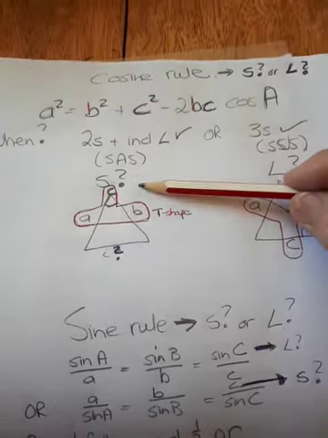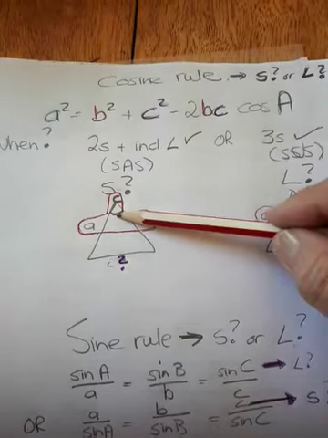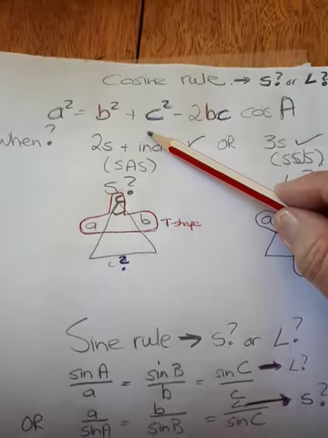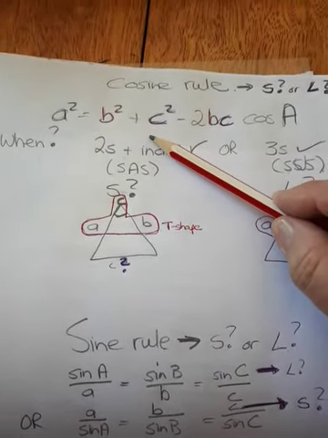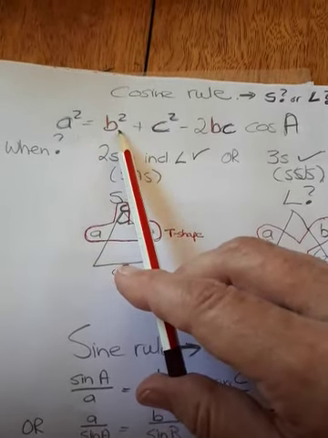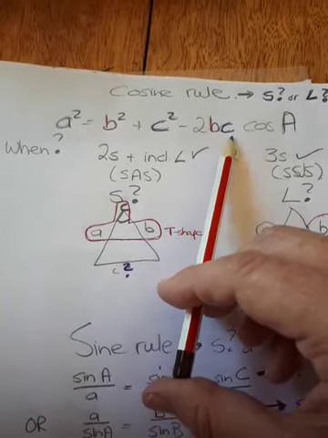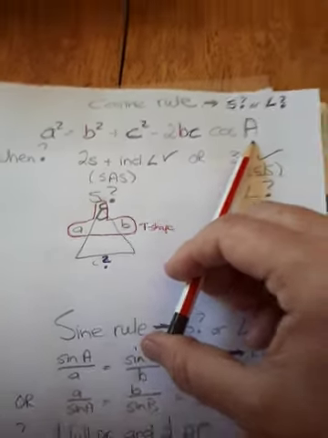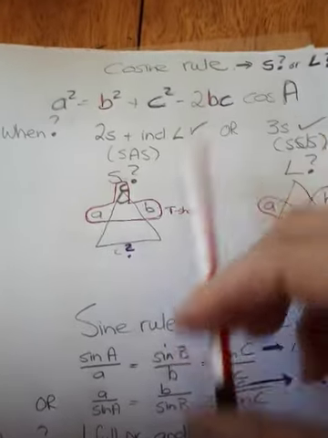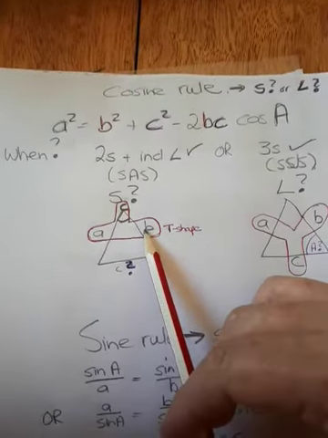Okay, what is SAS? All right, I always prefer you to draw a triangle. Okay, sorry, I want to first go and look at the formula itself. The cosine formula reads the following: a squared equals b squared plus c squared minus 2bc cos A. And people, you must remember this, and it will be different every time depending on what sides and what angles are given in that specific example.